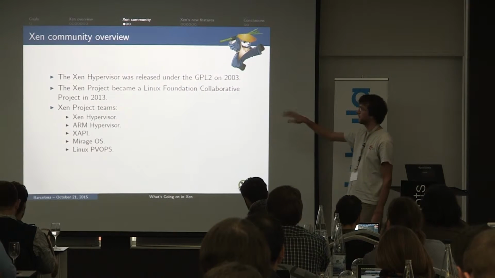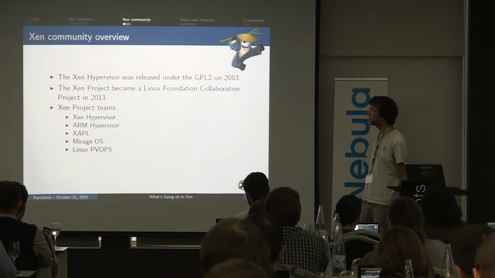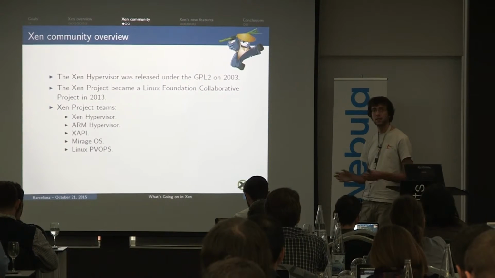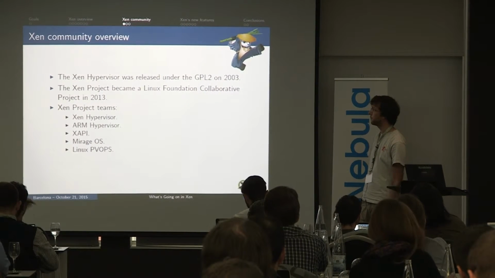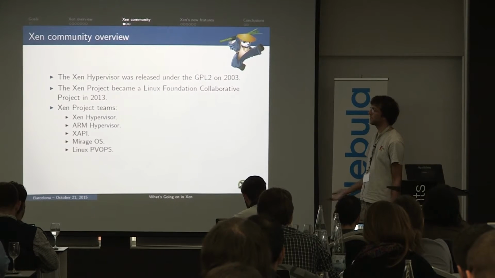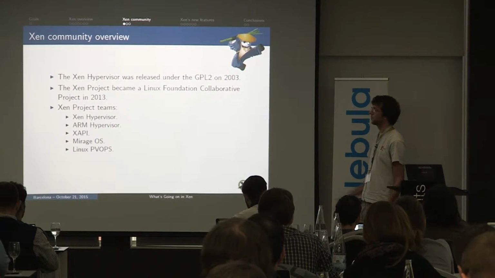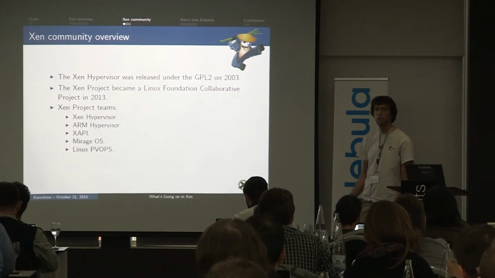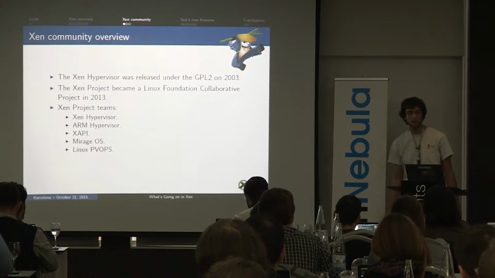For example, we have the main team, that's the Xen hypervisor. We also had another team that worked on porting the hypervisor to ARM. This has now been merged upstream, so the team is no longer active, or well, it's merged into the Xen hypervisor team, basically. We also had the Xapi team, which was a different tool stack for the hypervisor.